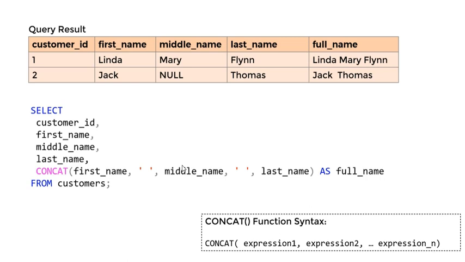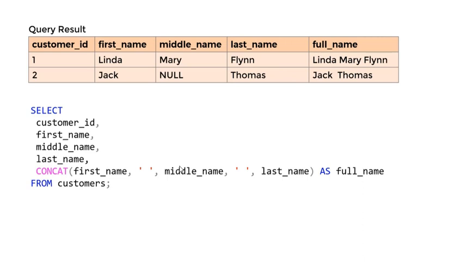This is because the CONCAT function will automatically convert nulls into empty strings. So there is no need to use ISNULL.